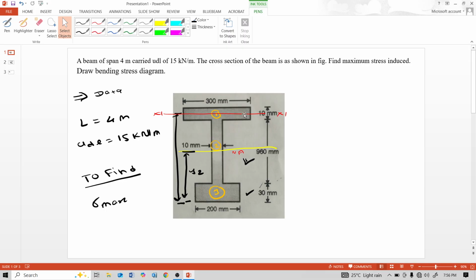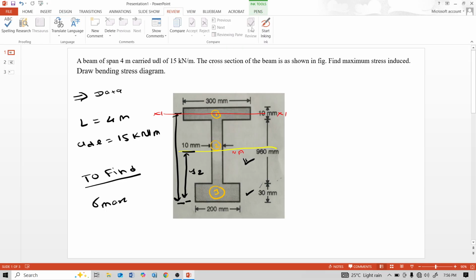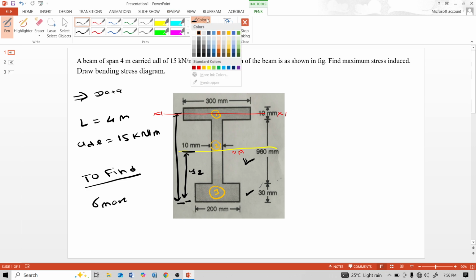Between neutral axis to this x1 distance, this much distance is 30 plus 960 plus 5 minus 428.54 mm. 30 plus 960 plus 5, that means 995 minus 428.54 mm is this distance.